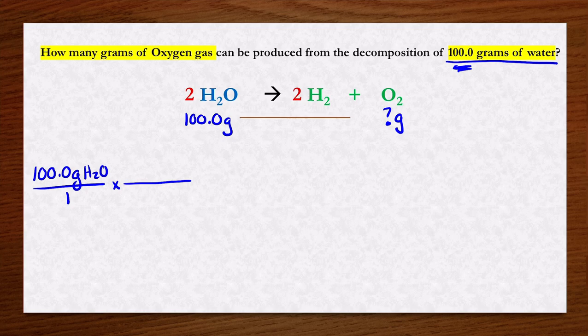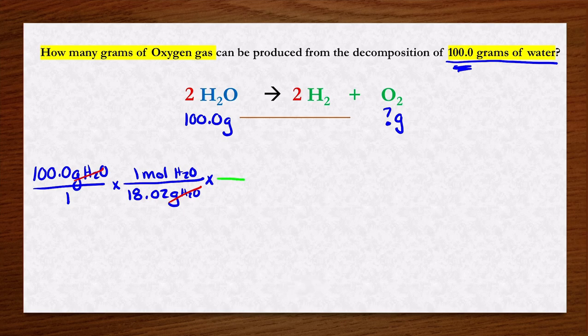And the molar mass for water is 18.02 grams per mole. Grams of H2O per mole of H2O. All right. So this is going to allow me to cancel out grams of H2O, and now I'm in moles of H2O, and now that I'm in moles, I can use my mole ratio.